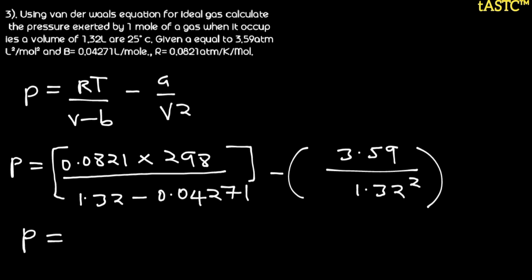So here we have 0.0821 multiplied by 298 divided by 1.32, and that is minus 0.04271. So this is minus 3.59 divided by 1.32 squared.